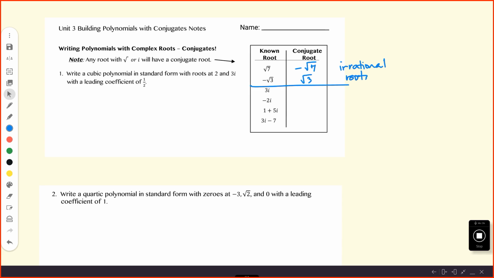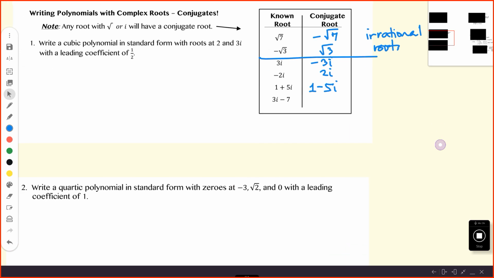And then we're going to do the conjugates of these imaginary roots, the last 4. What is the conjugate of 3i? Negative 3i. What is the conjugate of negative 2i? Positive 2i. What is the conjugate of 1 plus 5i? 1 minus 5i. And the last one, what is the conjugate of 3i minus 7? 3i plus 7.